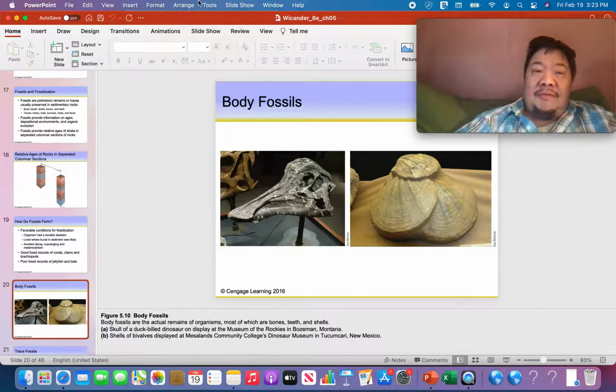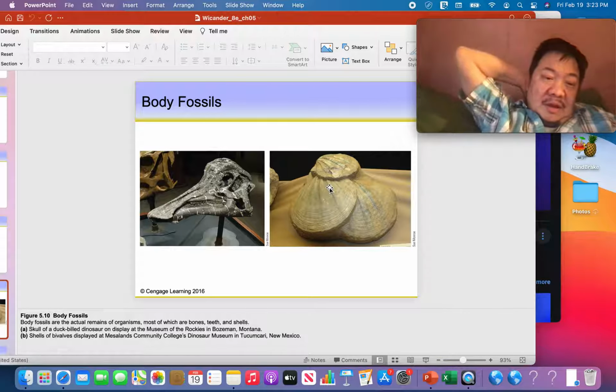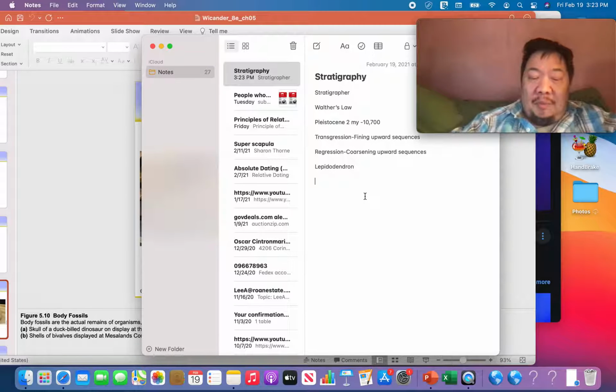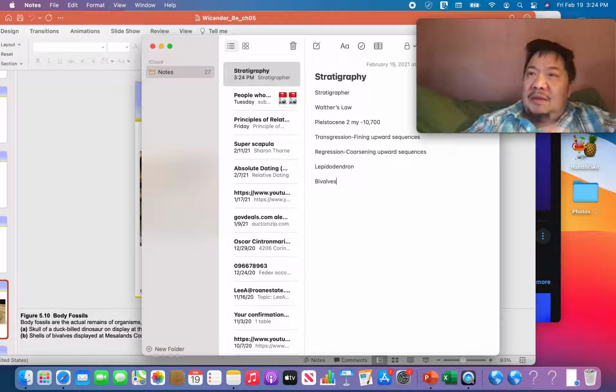Here you can see some body fossils. There's a skull of a duck-billed dinosaur. Here we've got bivalves. We're going to be talking a lot about bivalves in this class. What are bivalves? Well, the easy way to remember that is just by thinking of the Latin. What does bi mean? Two.